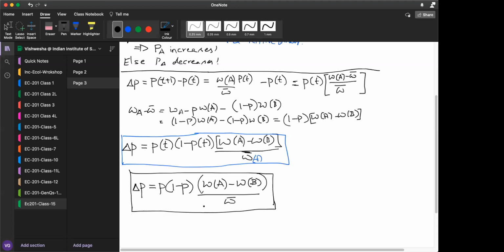This entire term can be interpreted as differential fitness between A and B. So it basically means that if omega A is greater than omega B, the rate of change of genotype frequency A will be positive. If omega A is less than omega B, then it will be negative. Does that make sense?